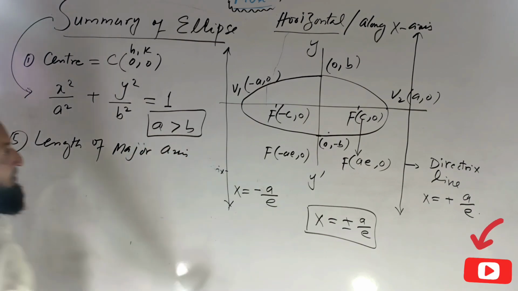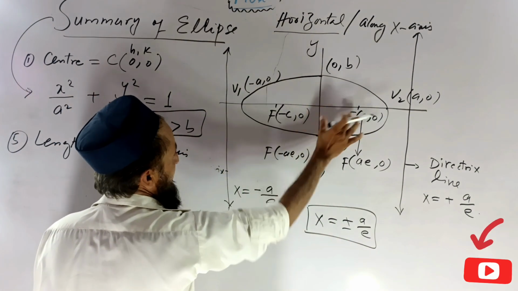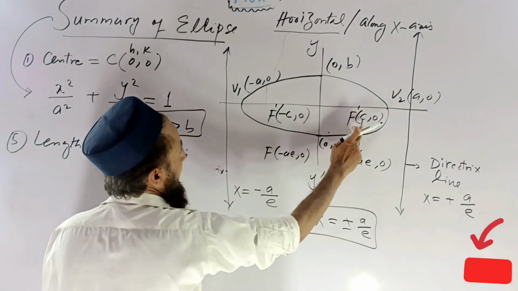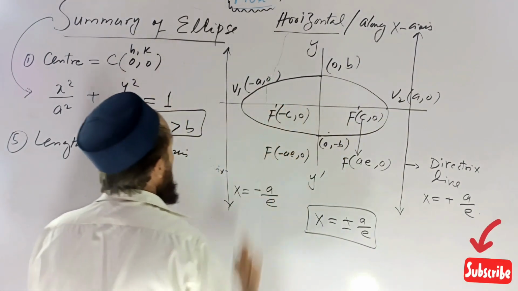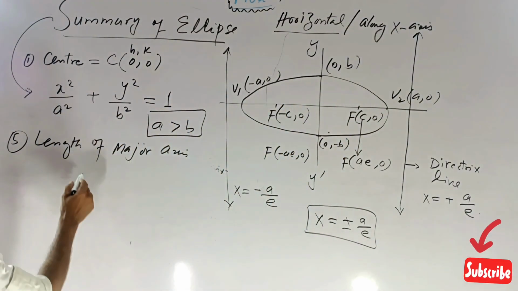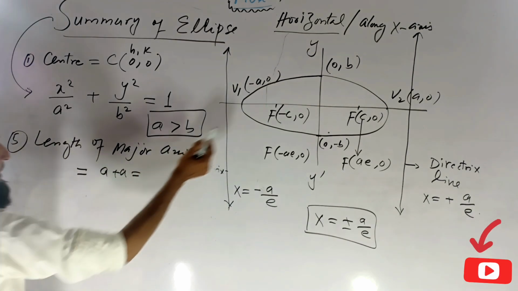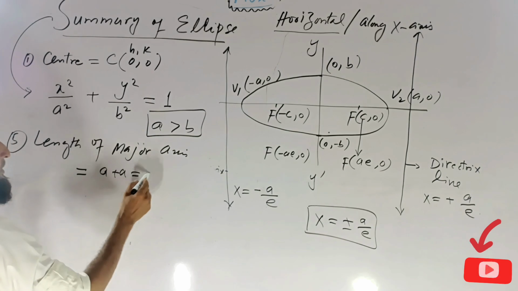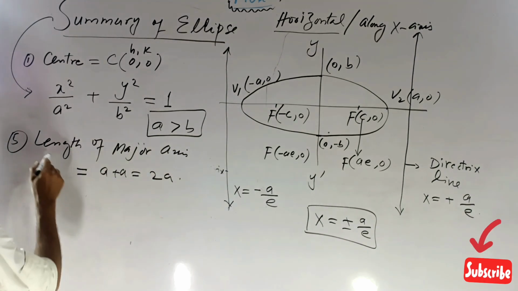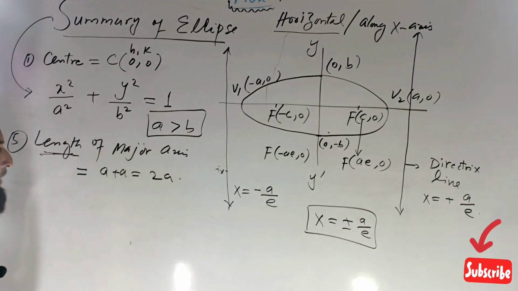Number 5, length of the major axis. Look here, this is the length of the major axis of the ellipse, and here the point is A and this one is also A. We add both, so A plus A, but here it is negative, no, ignore this. So the length of the major axis is equal to 2A.